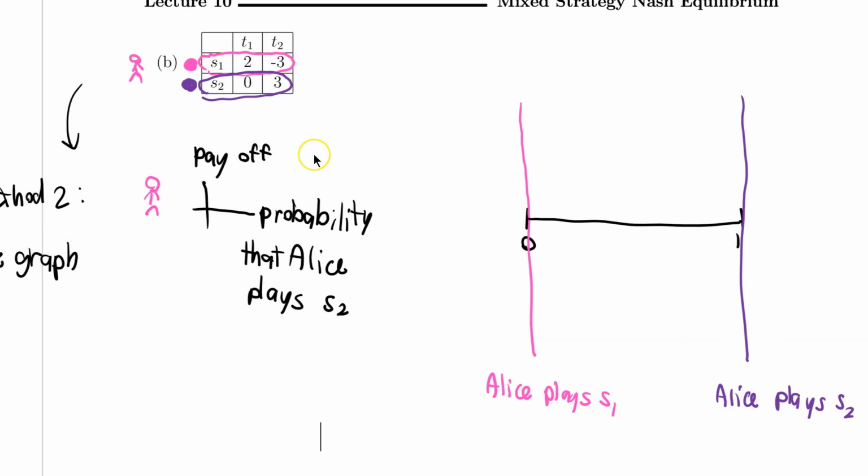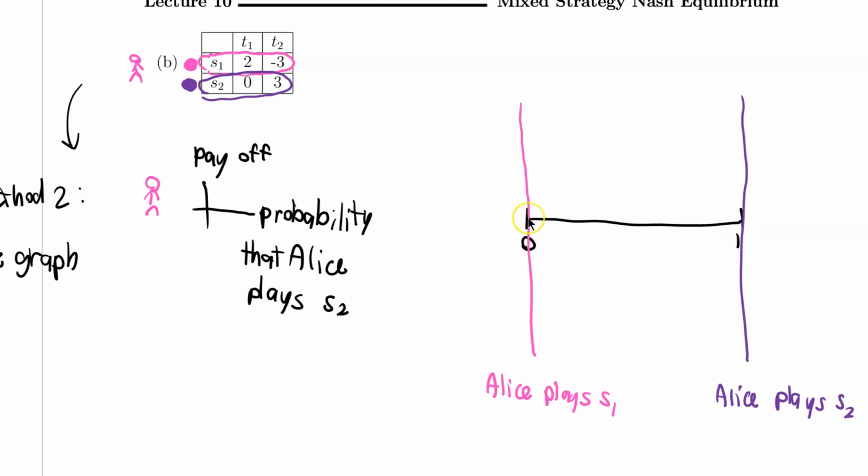So again, I'm trying to use the xy graph that we normally use, but because the value for my x is just the probability, I don't really need to draw the infinite graph where x goes from negative infinity to infinity, because I know that the probability is just going to be between 0 and 1. I mean, you can draw it this way, but we're not going to go beyond the pink and the purple line here because that's the probability that we're going to look at.